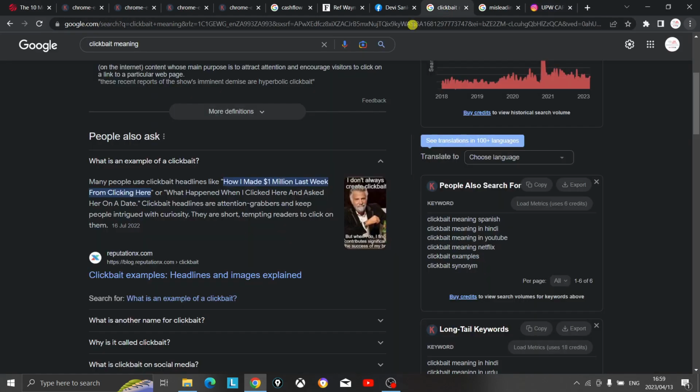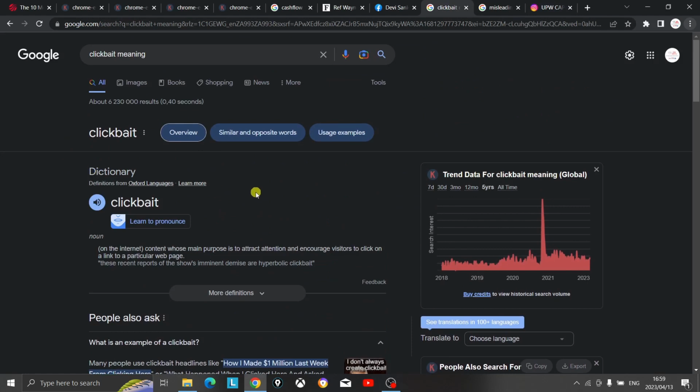until you understand clickbait. Now, remember clickbait: content whose main purpose is to attract attention and encourage visitors to click on a link to a particular web page. Now, it doesn't necessarily mean you have to click to a web page. You can click to an introducing broker link. You can click to anything, to a sale of a product, right?